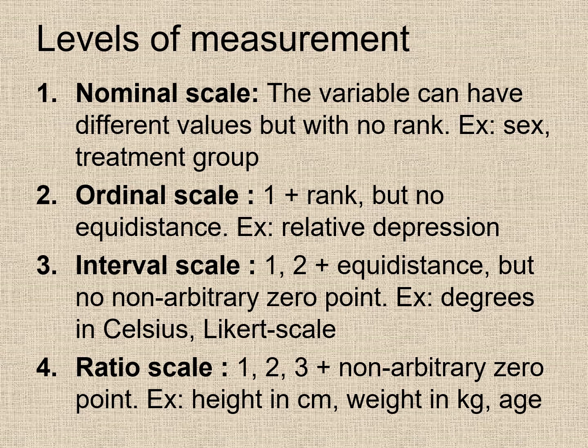And because you don't have a non-arbitrary 0 point, what you can't do with interval variables is to calculate ratios. You can't, for instance, if it's plus 10 degrees one day and minus 5 degrees another day, say that the day with plus 10 degrees Celsius was twice as warm.